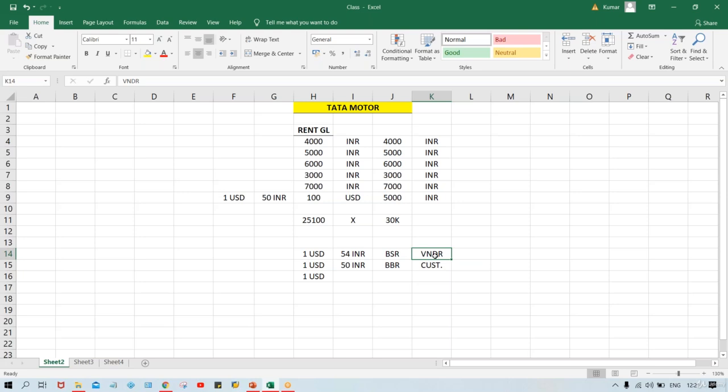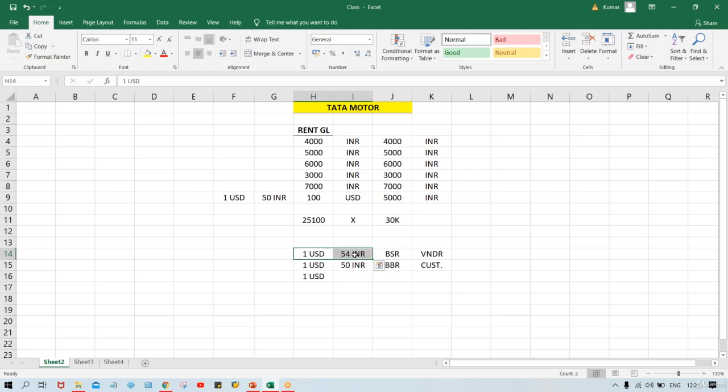So if you instruct your bank that you need to make payment in US dollar, the bank will say, you do one thing, you buy US dollar from us. It means the bank is the seller, the bank is going to sell you the US dollar. So the bank is saying that I will sell you at this amount. It means if 100 US dollar is going to be paid to the vendor, then the bank is going to deduct the amount from your wallet, in the sense from your bank account.